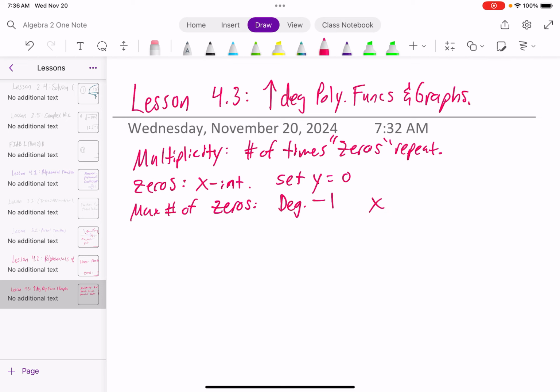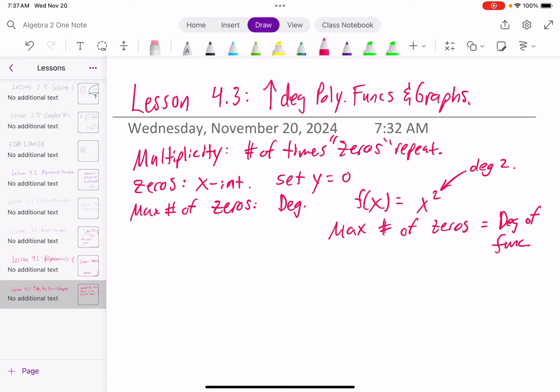So if you have f of x is x squared, you know that the degree of the function is 2. And so the max number of zeros equals the degree of the function.